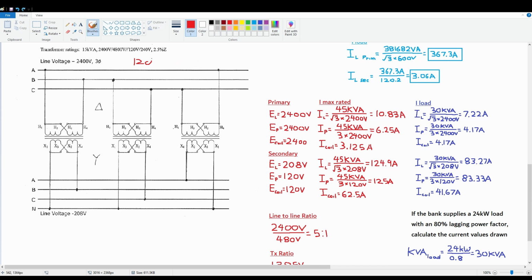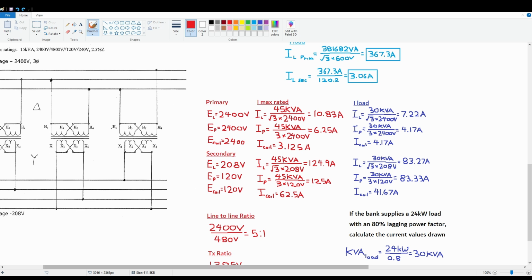And it's going to be connected in Y, not delta, because if we connect it in Y, 120 times root 3 equals 208, which we'll get here. Since this is the low voltage setting, these are both going to be in parallel. So yeah, there we go.